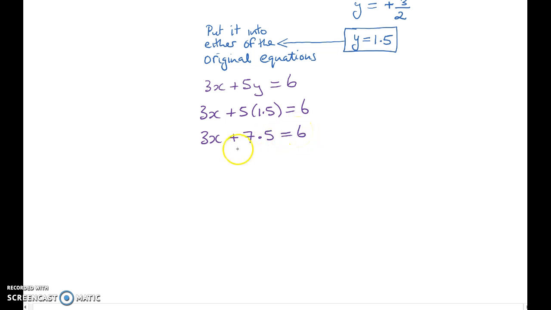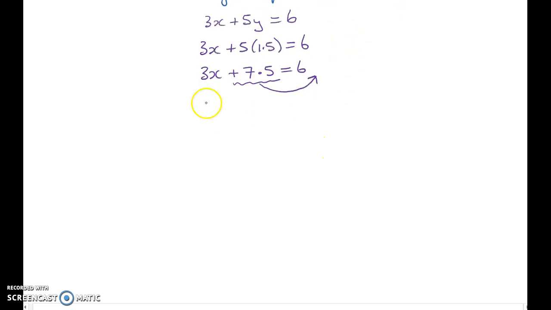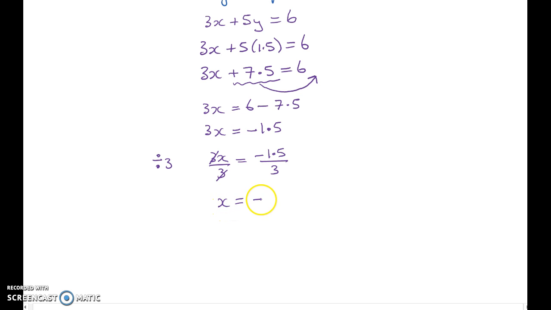We want x's on one side and numbers on the other, so move the 7.5 across, and it changes sign. 3x is equal to 6 minus 7.5, so 3x is equal to negative 1.5. Divide across by 3: negative 1.5 over 3. 1.5 is exactly half of 3, so x is equal to negative 1/2.